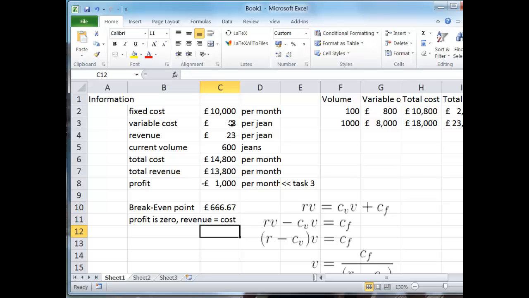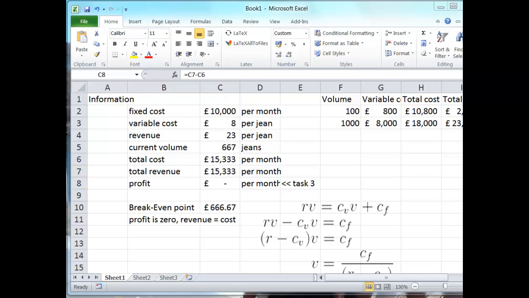So now we do know that we have to sell 666.6 periodic genes. Okay, so we should at least sell 667 genes to break even. And we actually make a little profit of £5. If we want to be precise, then of course we should take this value, and there's no profit.